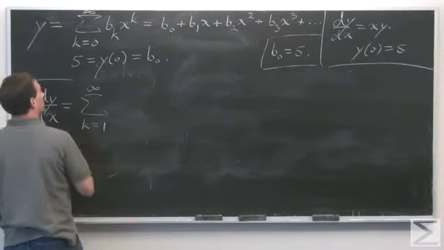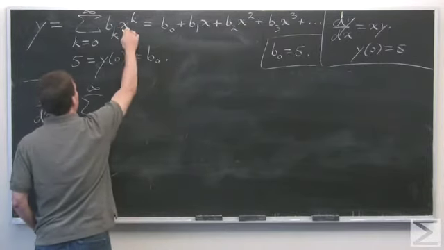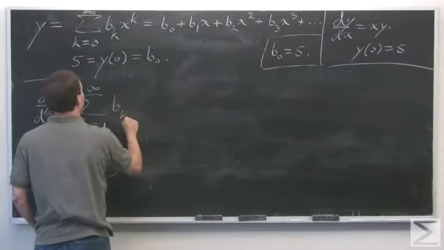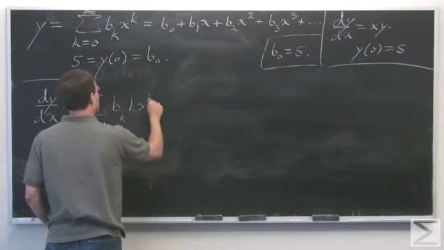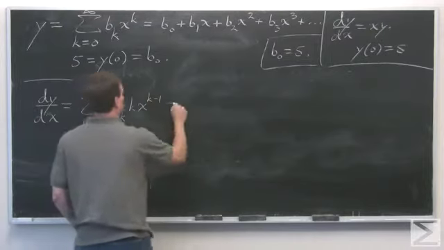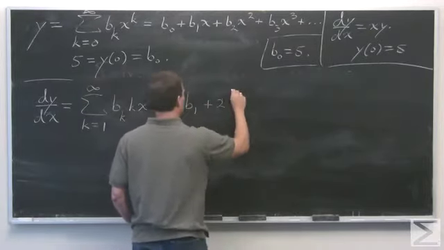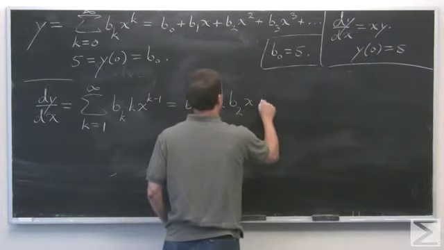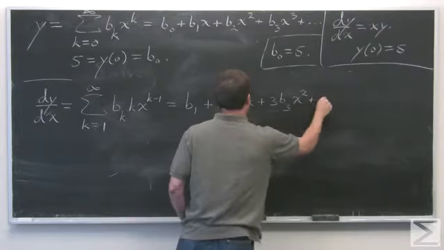So I'm just going to start at k equals 1. And then you can differentiate this term by term. bk is a constant. The derivative of x to the k is k, x to the k minus 1. And you could write out some terms of this. It means we've got b1 plus 2 b2 x plus 3 b3 x squared, and so on.